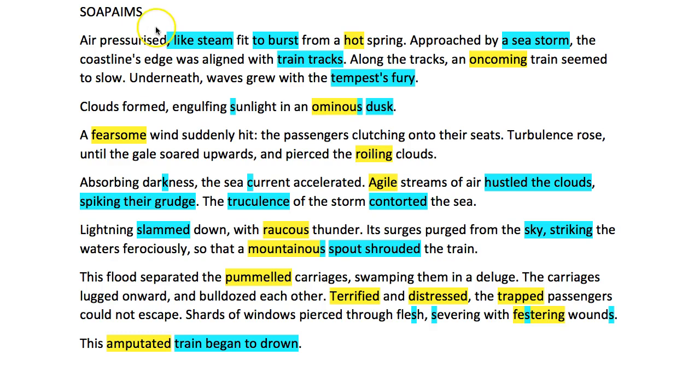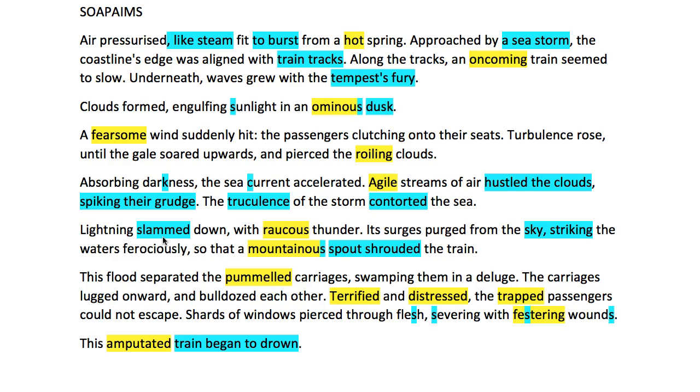For example, with this image of the steam, we can imagine that there is a lot of noise involved in this storm. With the alliteration that we looked at earlier, we get the hiss of the storm. With the onomatopoeia of slammed, we get the sound that must be happening.